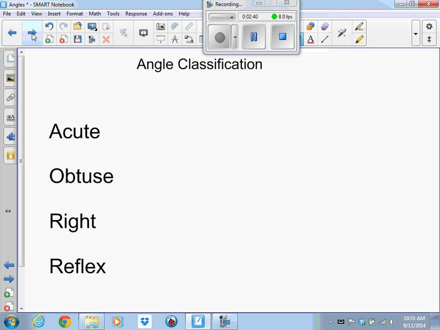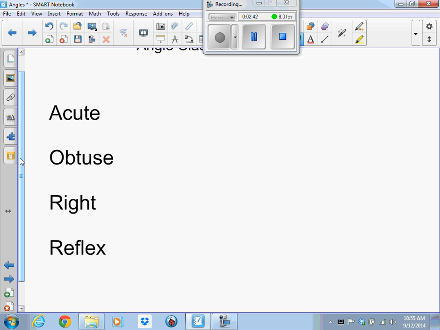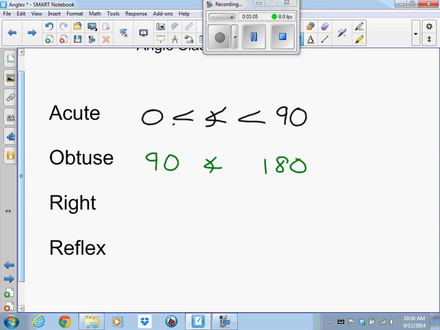You guys should know most of this: acute, obtuse, right, and reflex. An acute angle is when the angle is between 0 and 90. We are not including 0, and we are not including 90. For obtuse, we have from 90 to 180, not including 90 and not including 180.